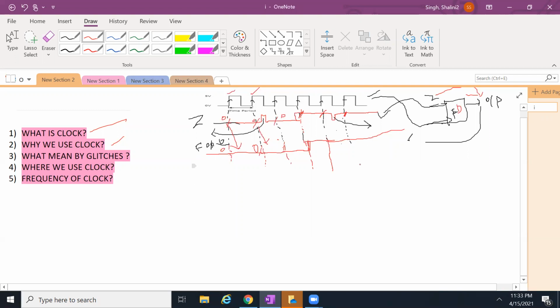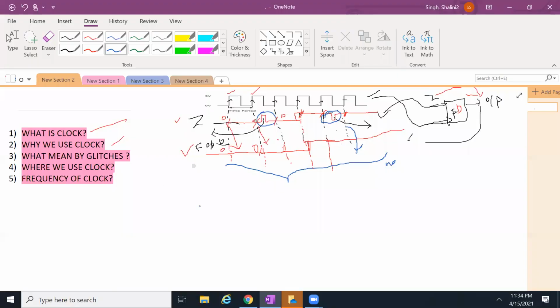Okay, so now we can see the Z input and the flop output. Can you see any glitches anywhere? No, right? So we can say we removed the glitches. These all are glitches, right? So we removed the glitches present at the output side. Whatever our expectation, the same expectation we are getting, right?